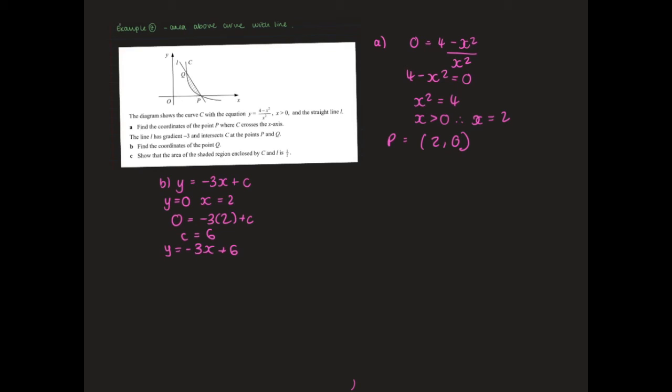So now I need to find where the line and my curve intersect. So I need to put them equal to each other.